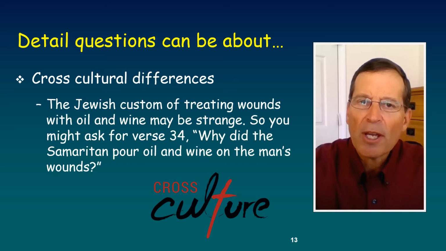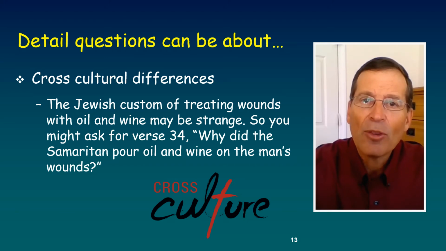So the Jewish custom of treating wounds with oil and wine may be strange to your audience today. So you might ask them for verse 34, why did the Samaritan pour oil and wine on the man's wounds? If it's not clear, you might need to make that more explicit. The reason why the oil and wine was used.